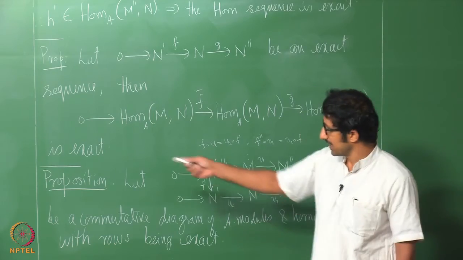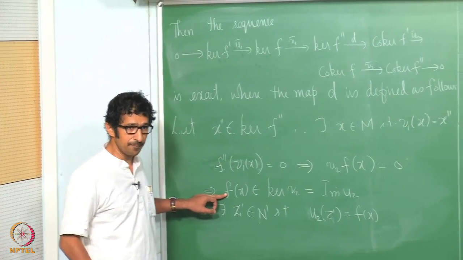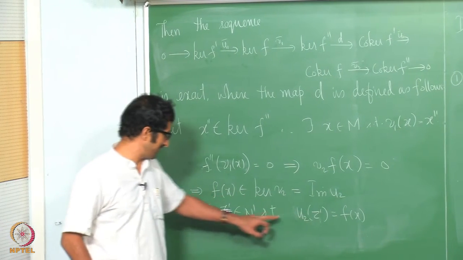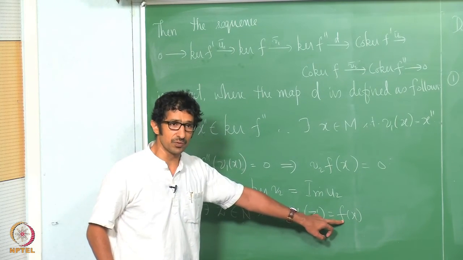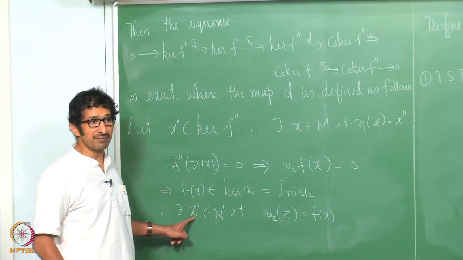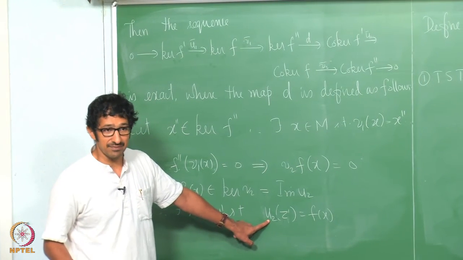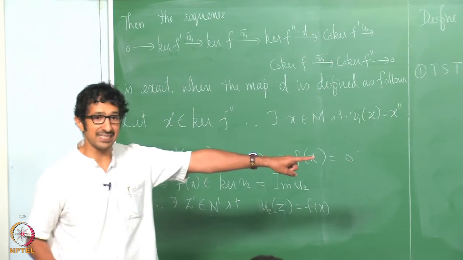Once we reach this stage, when we say there exists z prime in n prime such that this is true, this z prime is unique because u2 is injective, since the bottom row is exact.